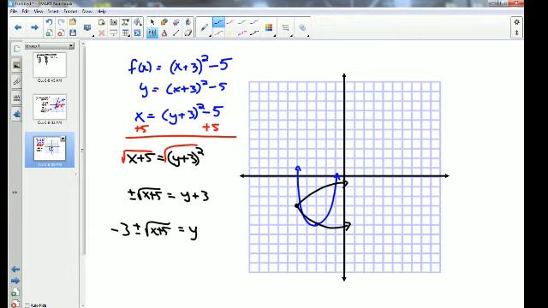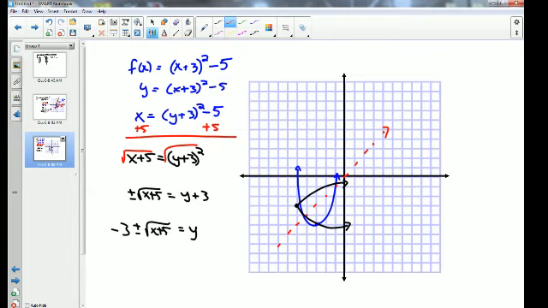So quadratics, when we calculate the inverse, it actually changes it to an open right or left. If this function were down, frowny face, it would go left. And just keep in mind that reflection over this line. So you can see how those dots are reflected.